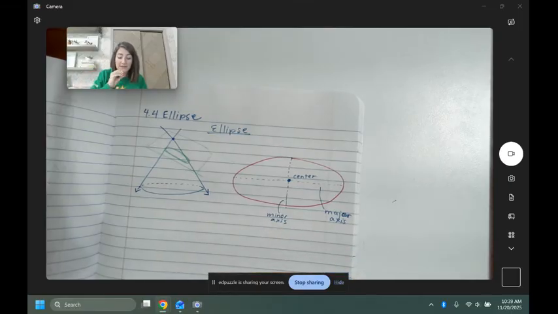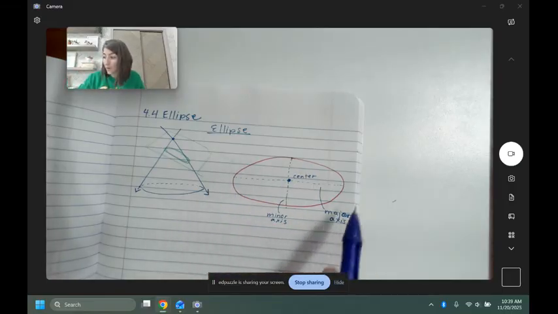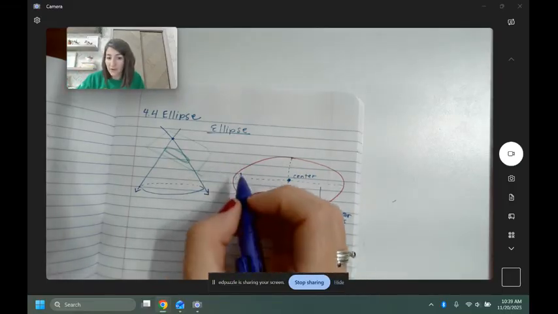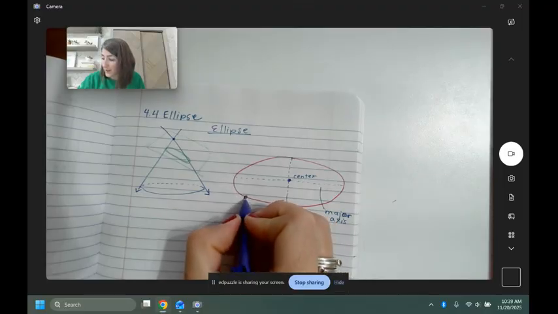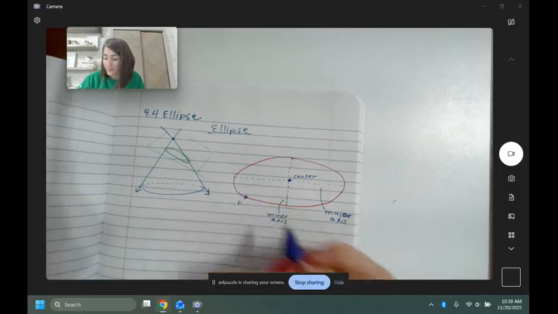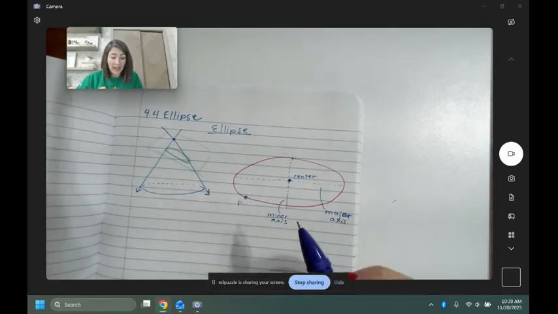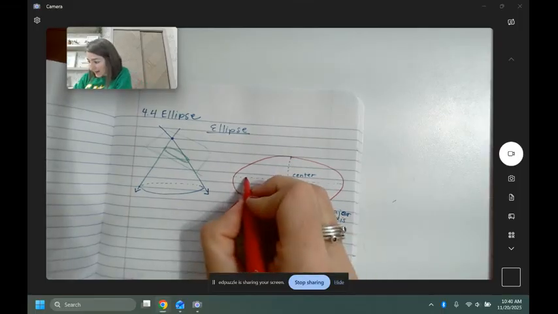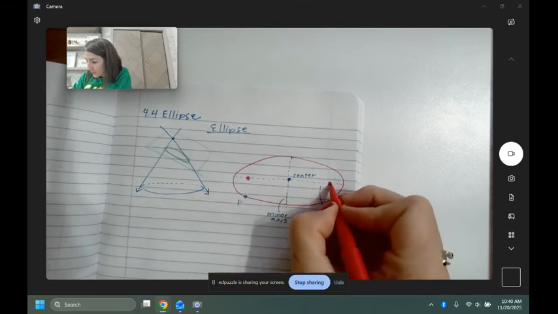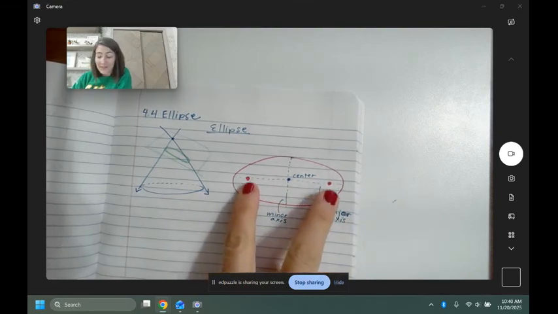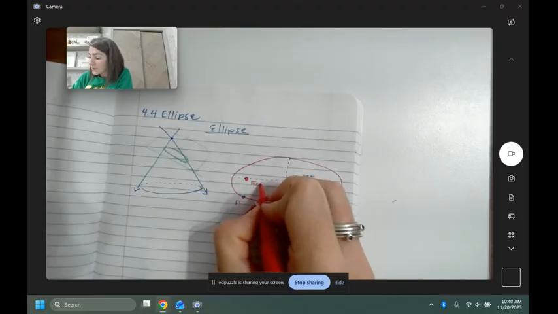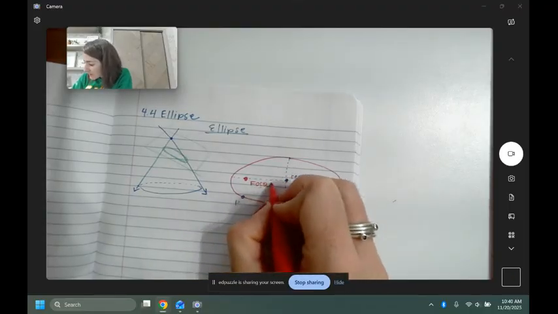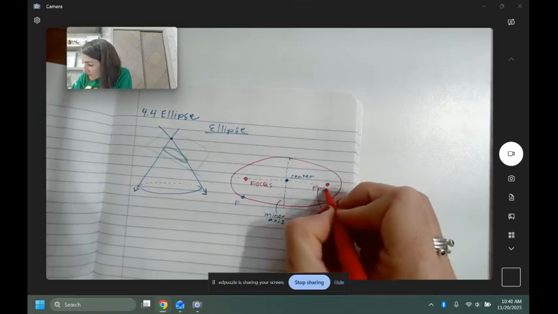So the definition of the ellipse has to do with all of the points around the center. If I were to pick a random point here, point P, and connect that point P to the foci. Because, with the parabola, we only had one focus that it's turning around. Here, I have two. So this is a focus over here. This is a focus over here.